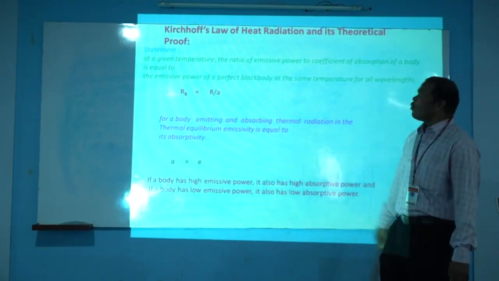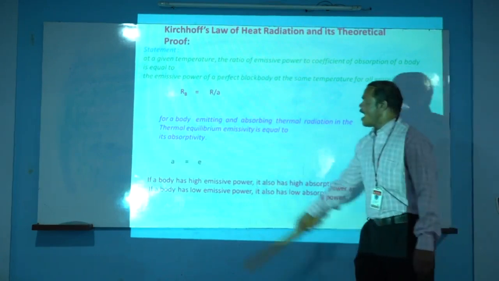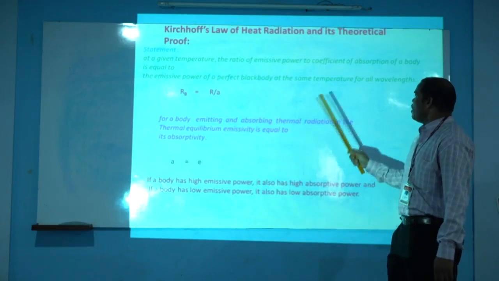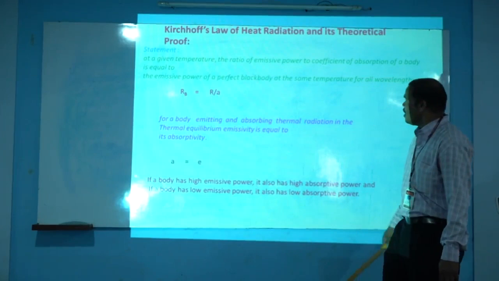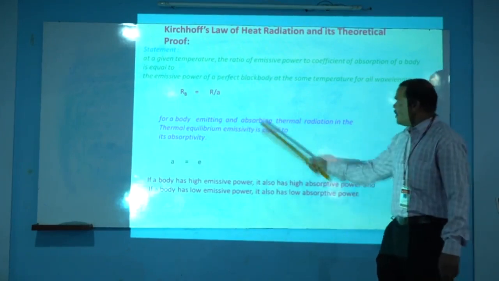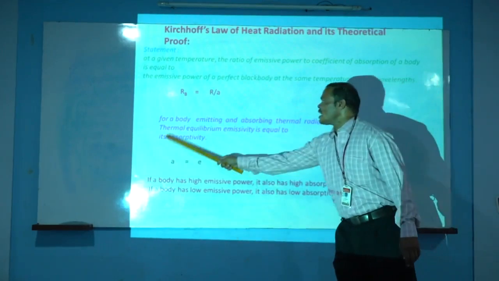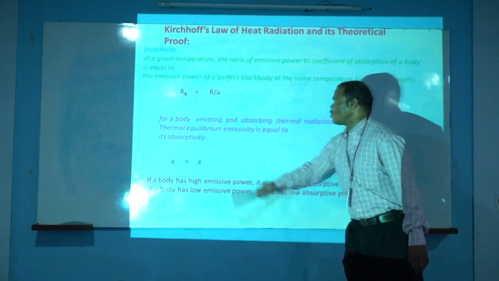Or in other words, we can state Kirchhoff's law of heat radiation as: for a body emitting and absorbing thermal radiations in thermal equilibrium, emissivity, that means coefficient of emission, is equal to its absorptivity. Absorptivity means coefficient of absorption.